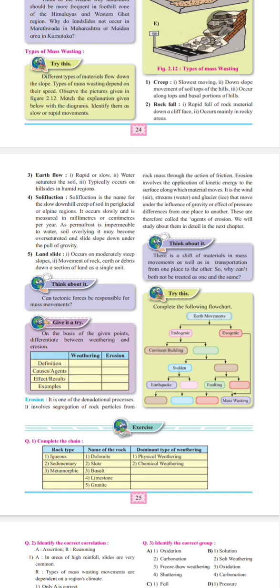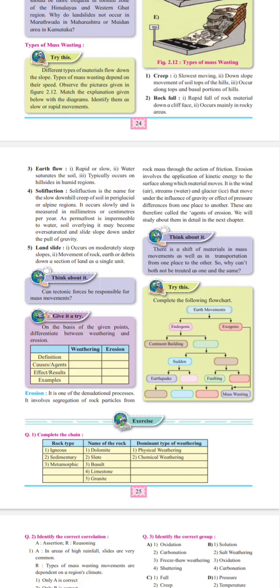Suppose a rock breaks into small particles. First the rock is broken down, so it is called weathering. Now if a river picks up these particles and carries them downstream, that is erosion and transportation. So how does erosion happen? Erosion involves the use of kinetic energy.